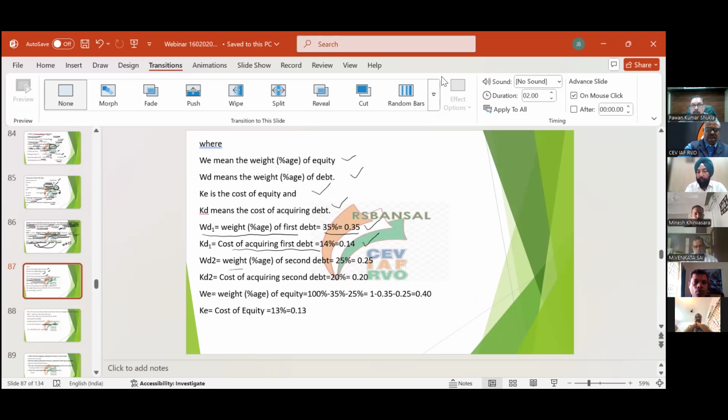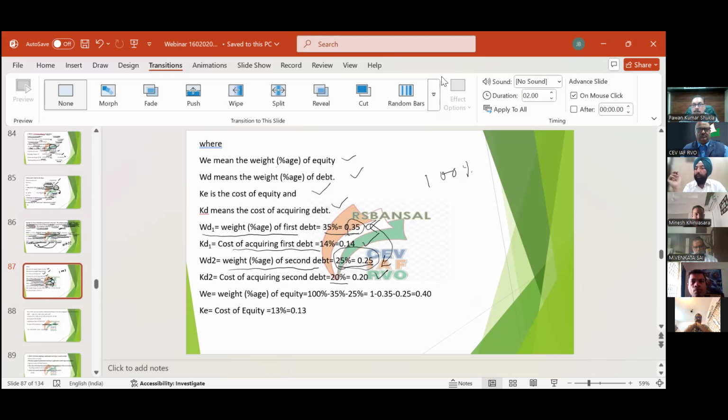The second loan he is getting is for 25% and whose cost is 20%, means 0.2. Which means out of 100% capital, 35% plus 25% will be in the form of debt.